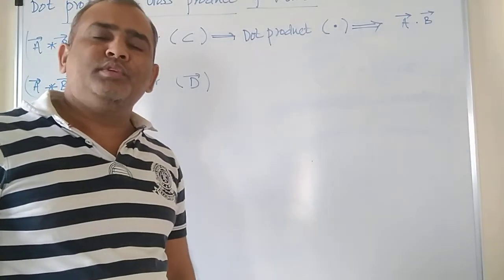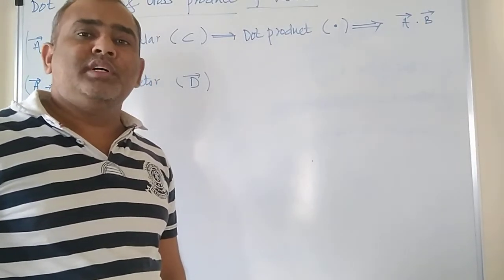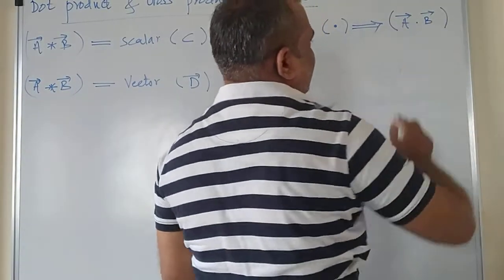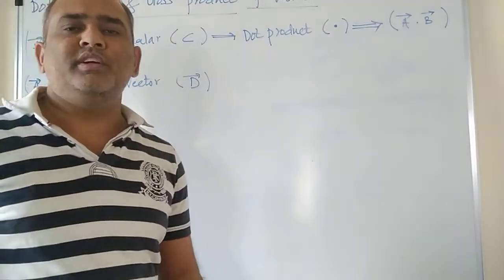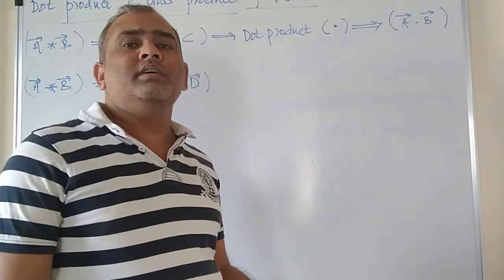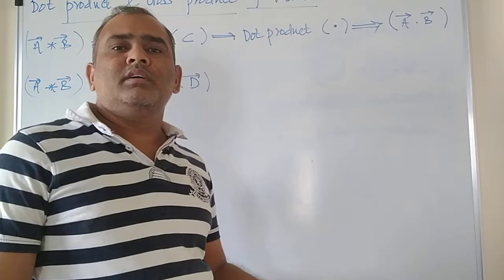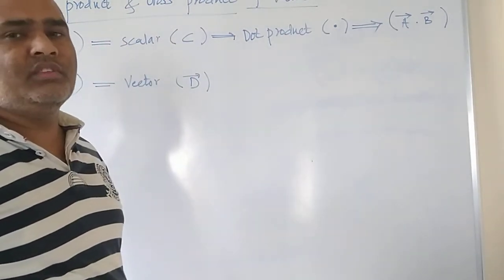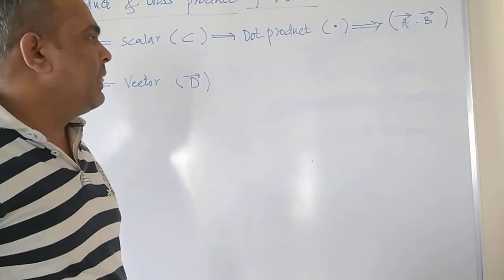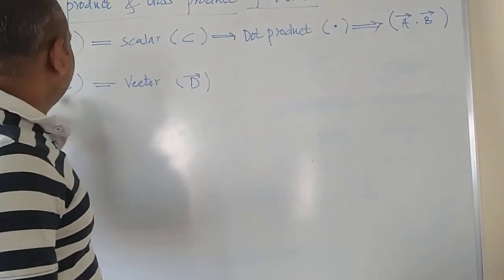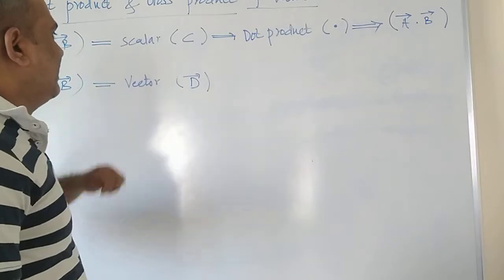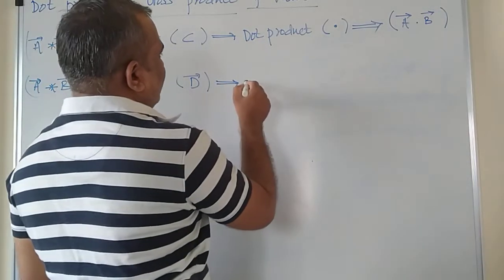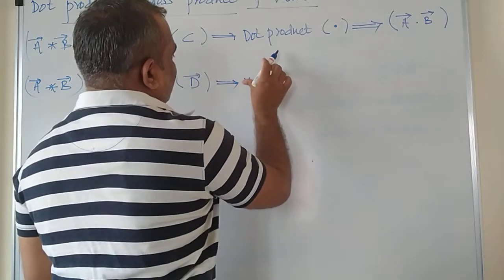If the multiplication of two vectors gives you a scalar, then it is called a dot product, it is represented by a dot, or it is called a scalar product. Got it? Similarly, if the multiplication of two vectors a bar and b bar gives you a vector, then it is called a vector product, or a cross product.